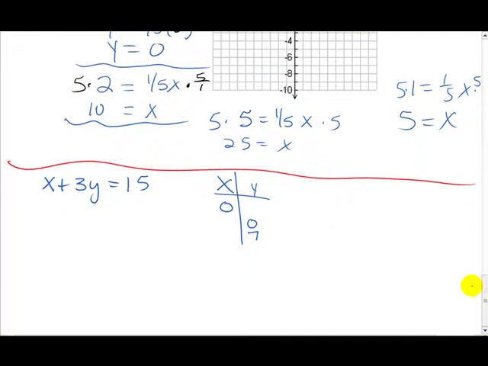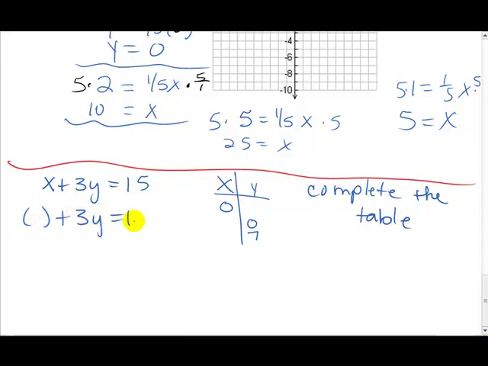We're not going to graph this one, we're just going to find the missing numbers. So it'll be x plus 3y equals 15, and then we'll put x in here. 3y equals 15, divide by 3, and y is going to equal 5.